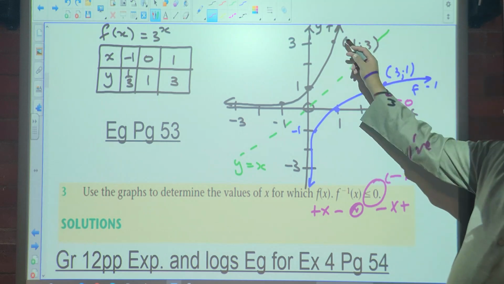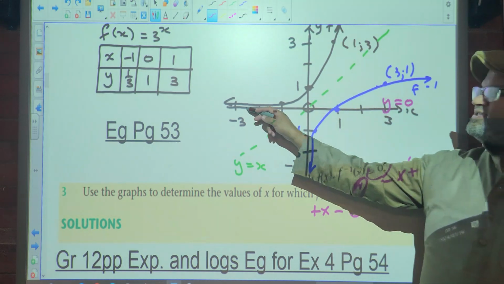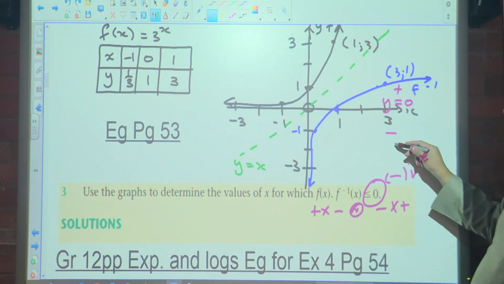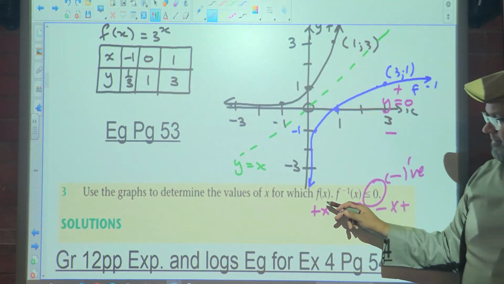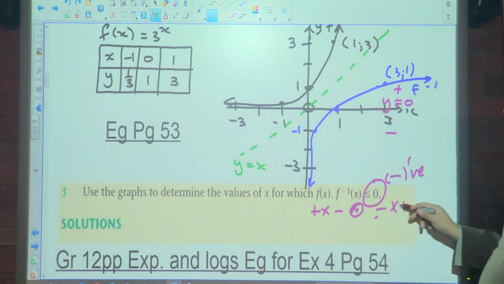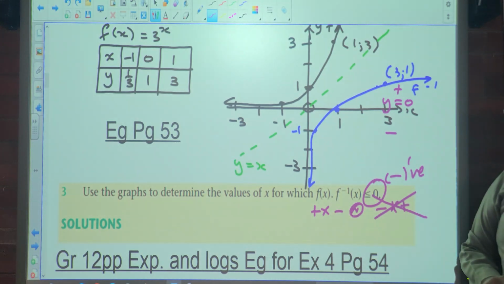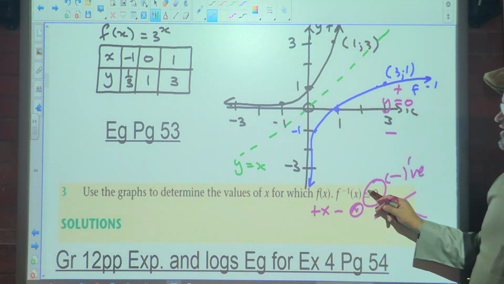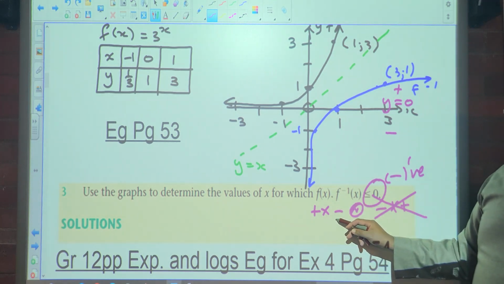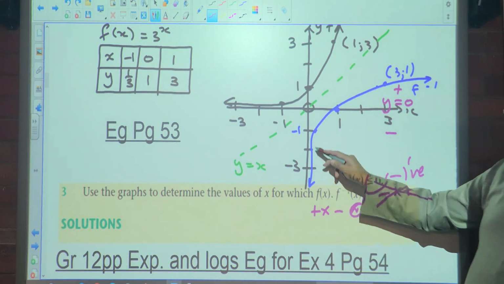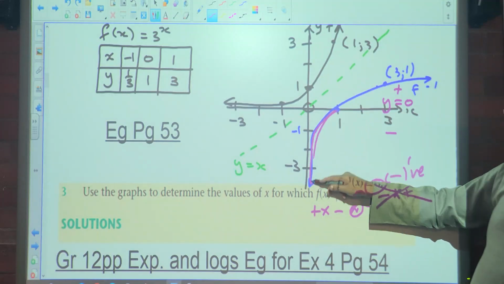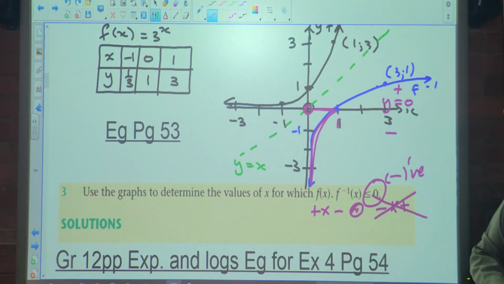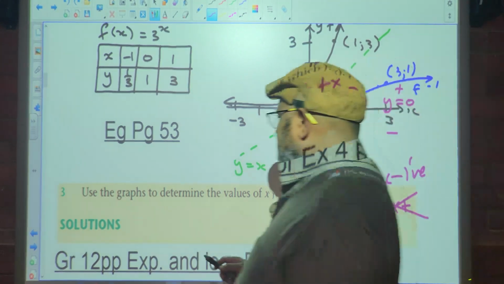So what do you notice about f of x? F of x is always positive. If it's below the line, it is where it is negative. So f of x is always positive, so we're going to look where the inverse graph is negative. And where's the inverse graph negative? From 0 till 1. Can you see it's only negative there? So what do we say?